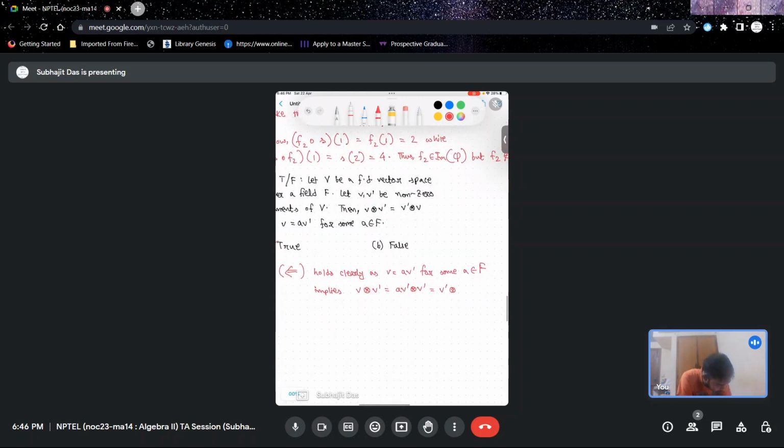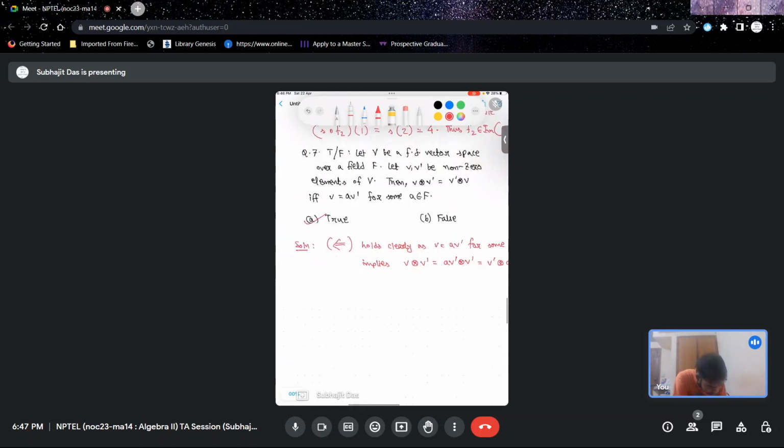So v prime tensored with a v prime, which is equal to v prime tensored with v. So the backward implication holds.